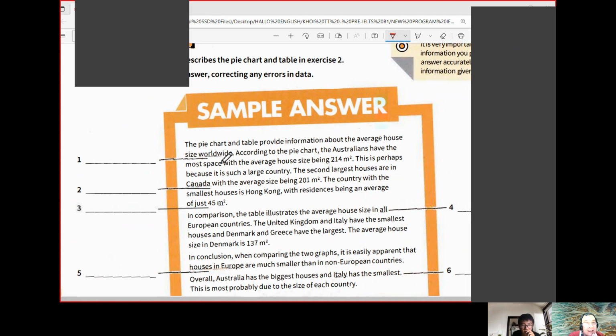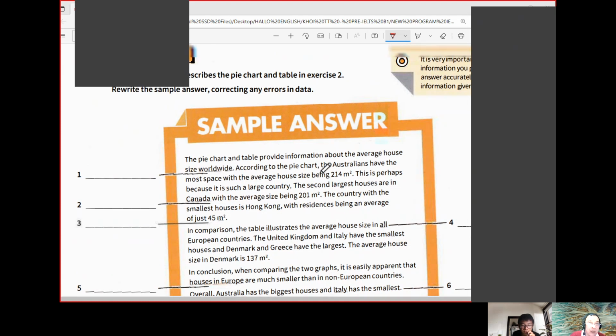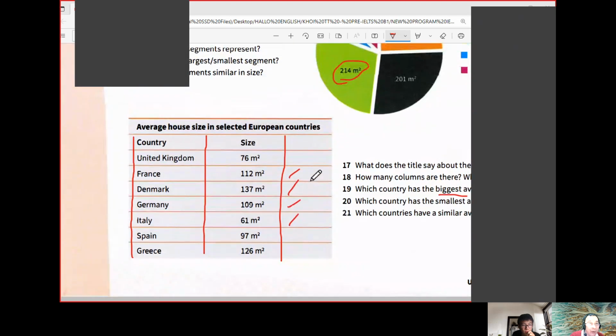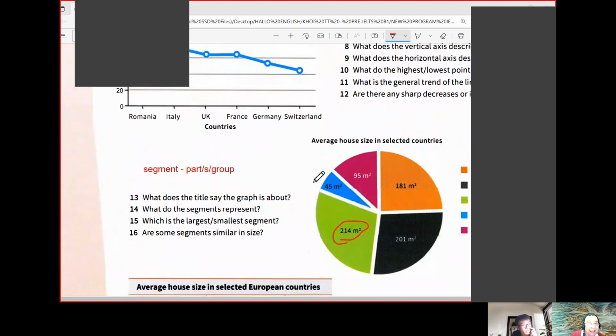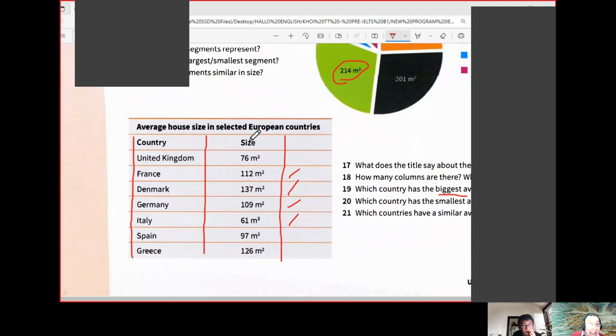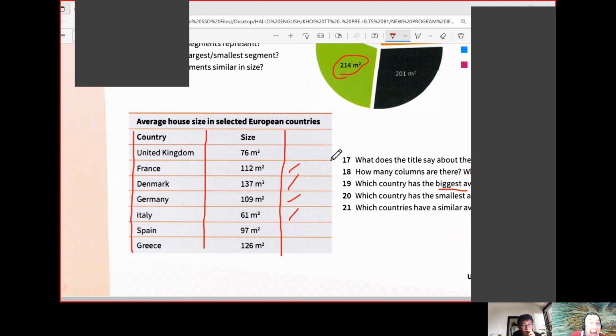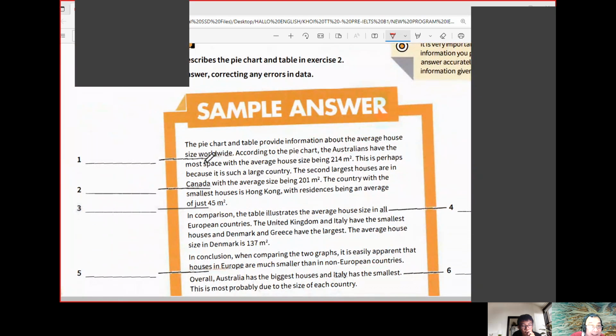Is it worldwide? No, it's not worldwide, because it's only selected countries in the pie graph, and in the table, it's the European countries, not worldwide.